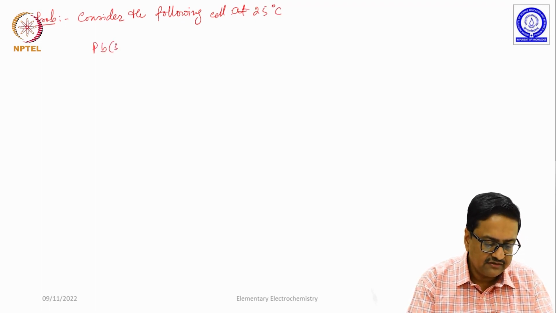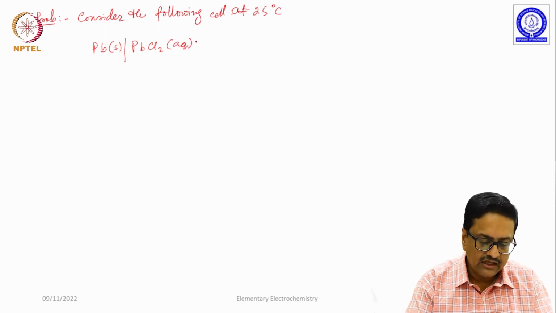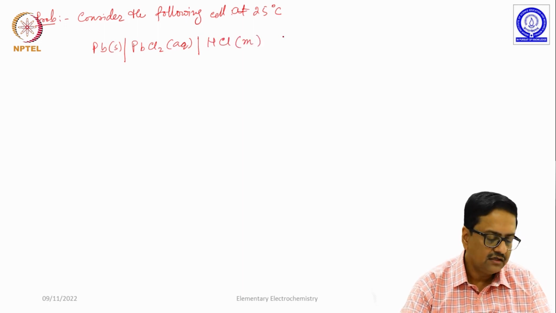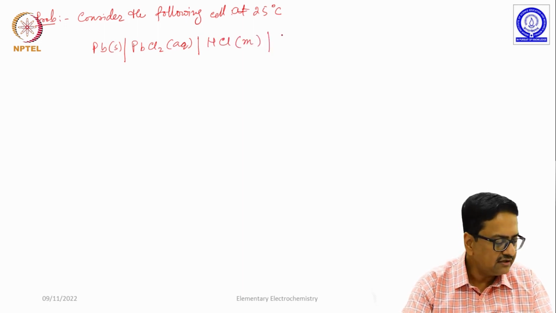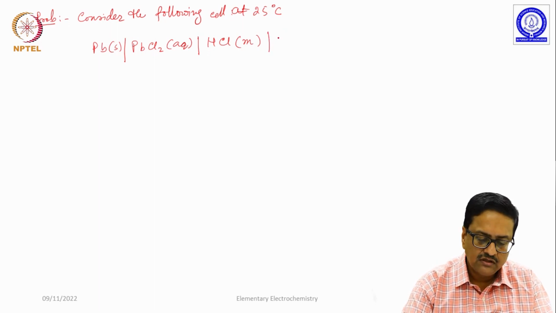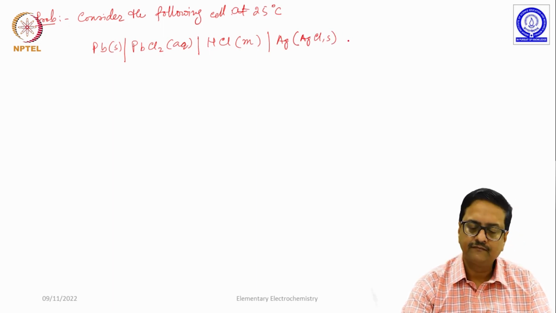Pb solid used as electrode, PbCl2 in aqueous medium with aqueous HCl of some molarity, and AgCl solid as the electrode.